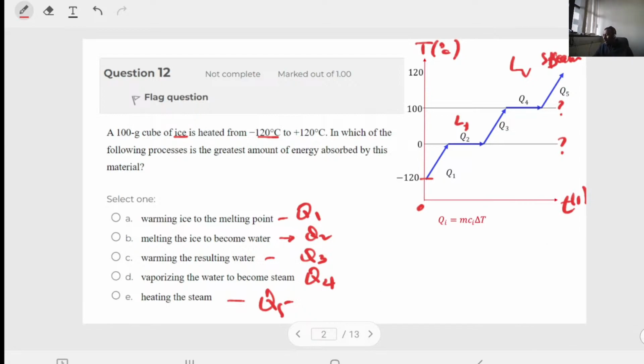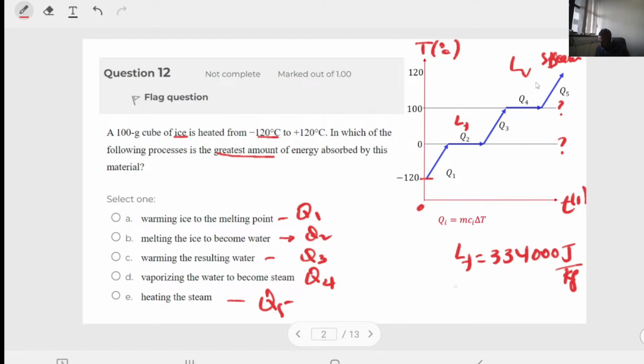Yeah, let's continue then. For me, without doing a calculation, you could understand that the greatest amount of energy is actually absorbed as Q4. If you ask me why, that's steam. Steam, latent heat of vaporization, LV. For water, L fusion is 334,000 joule per kilogram.